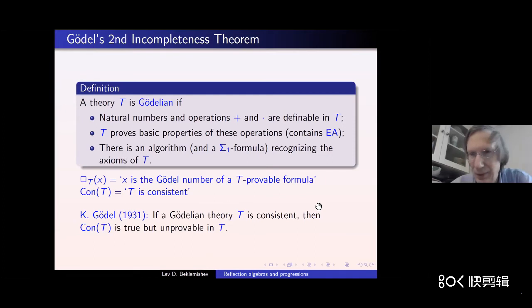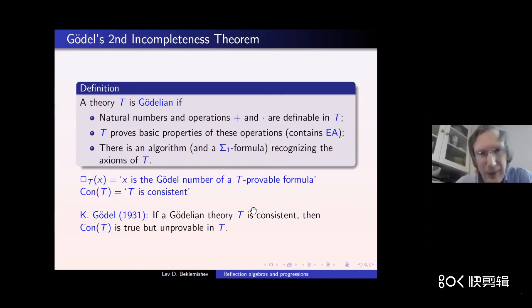And writing the formula not box_T falsity, for example 0 equals 1, we obtain the formula expressing consistency of our formal system T. T is called consistent if contradiction is not provable in T, and this fact can be expressed using the provability predicate in a natural way. So we denote this formula Con(T).